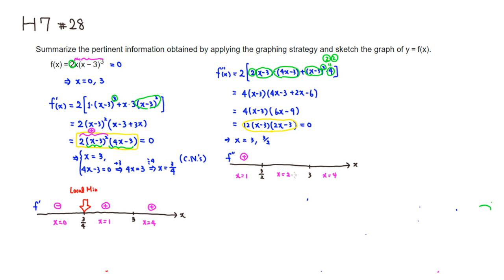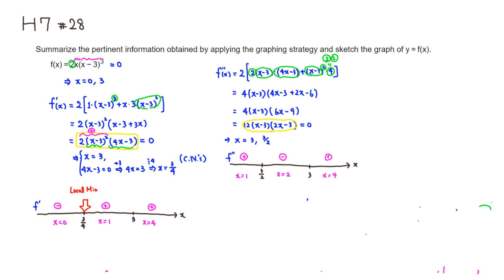If you try 2, 2 minus 3 is negative, 12 is of course positive, and 4 minus 3 is positive, so that's going to be negative. If you plug in 4, everyone's positive, so we have that. Since the sign changes, there's going to be a concavity change.